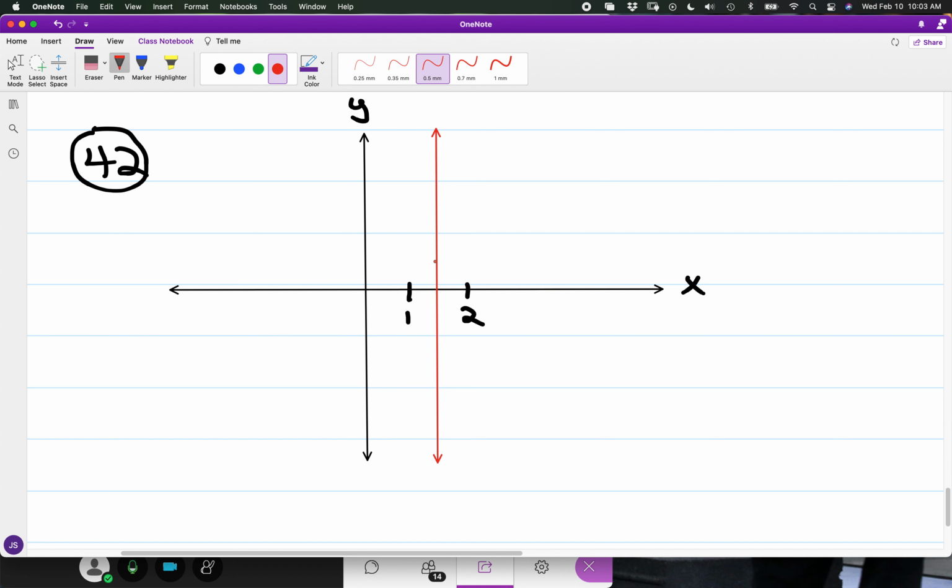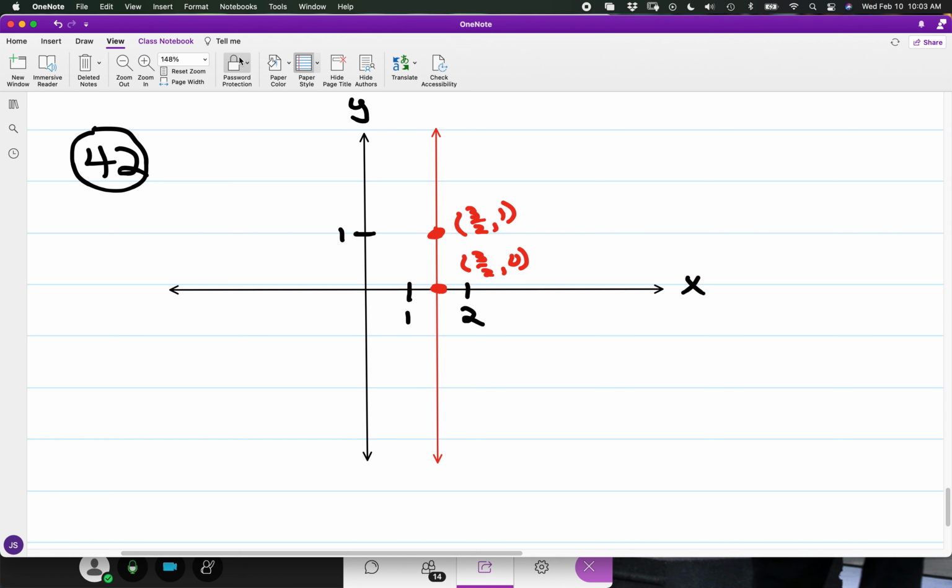And we can just pick some points. We have something like 3 halves, 0, as well as 3 halves and 1.